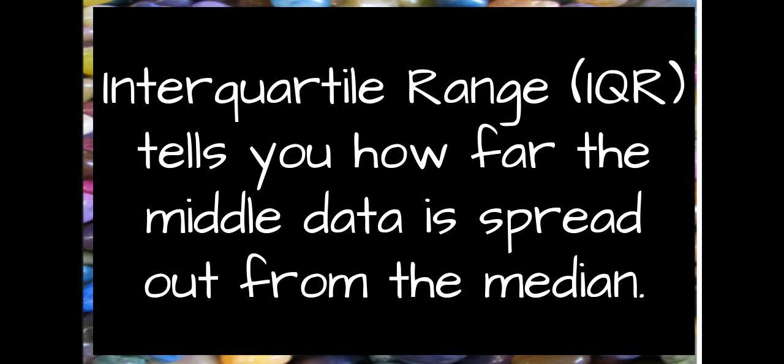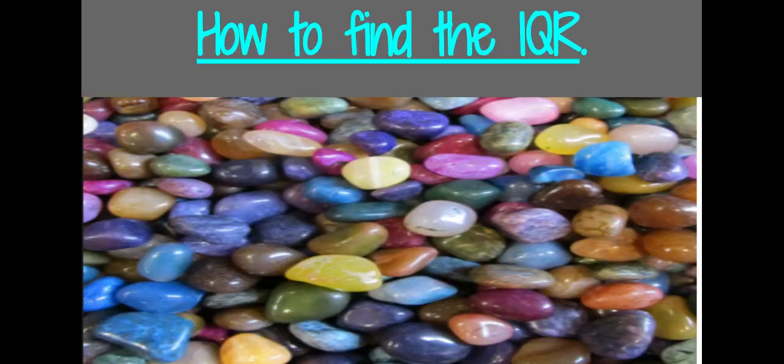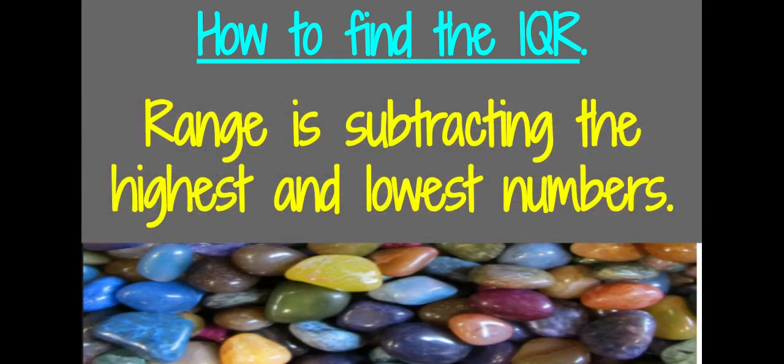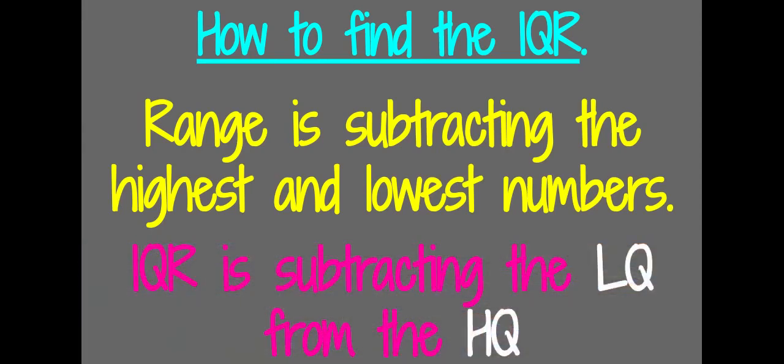Interquartile range, or IQR, tells you how far the middle data is spread out from the median. Let's find the IQR. Range is subtracting the highest and lowest numbers. Since the IQR is the interquartile range, we will still be subtracting.